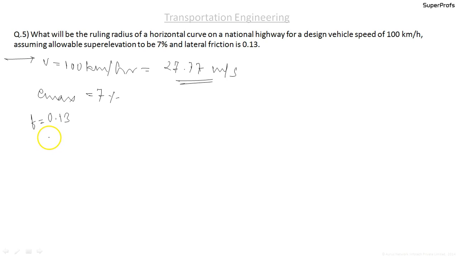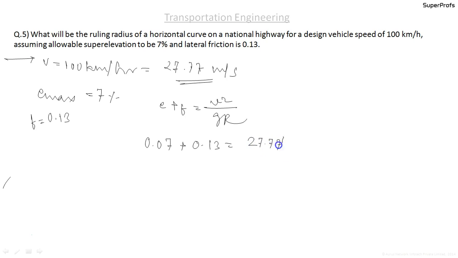So in this case we are supposed to find out the ruling radius of the horizontal curve. So here we should use the ruling design speed. We have E plus F equal to V square upon GR. E is 0.07, F is 0.13, and R we have to find out.